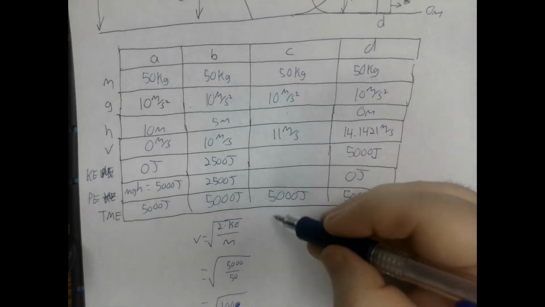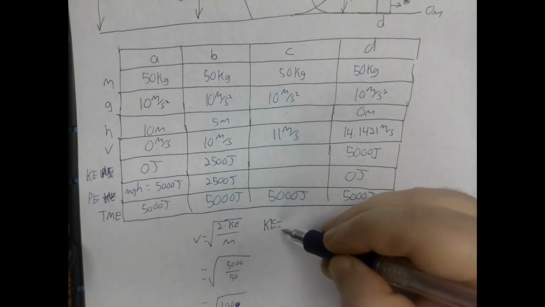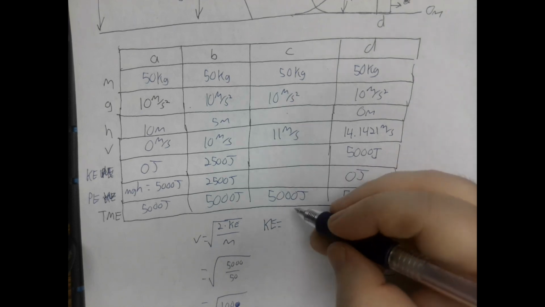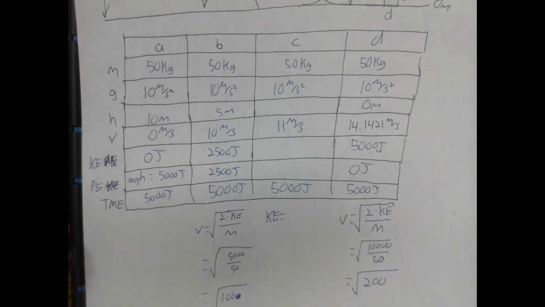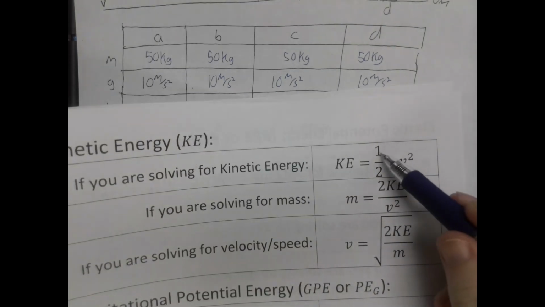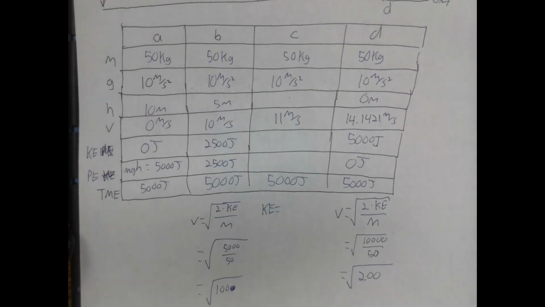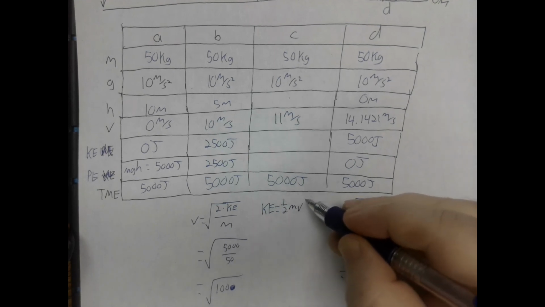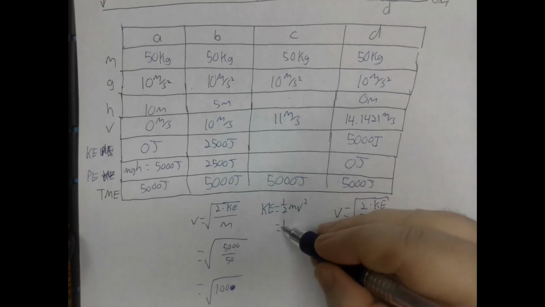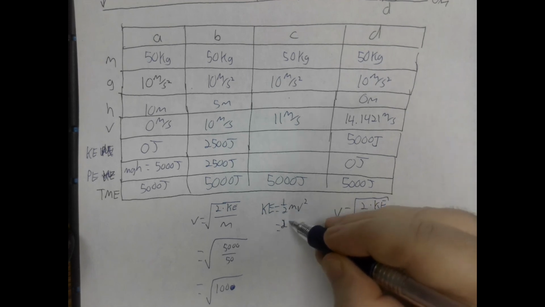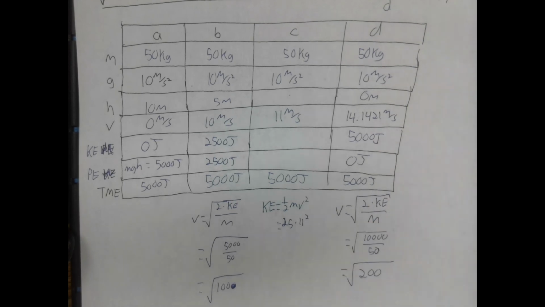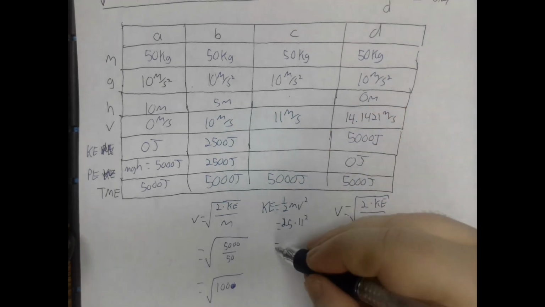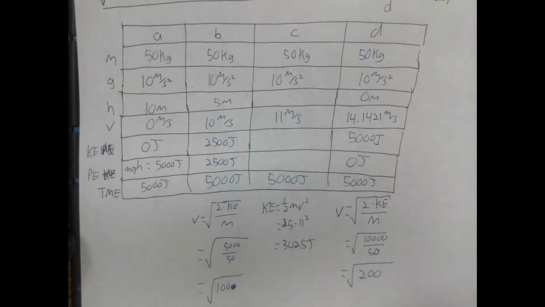Well, we can get kinetic energy here, right? Kinetic energy is equal to what? So yes, 1/2 mv squared. So half of the mass is 25 times 11 squared, 121 times 25. So that's 3,025.